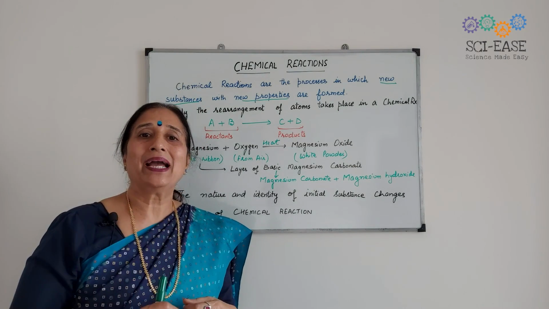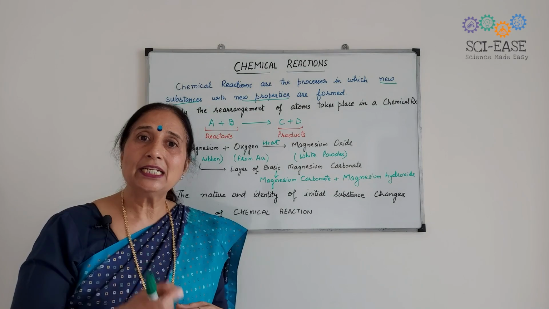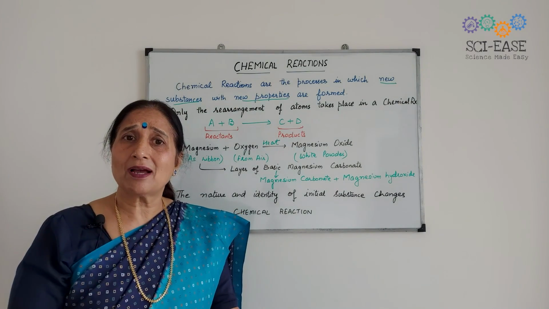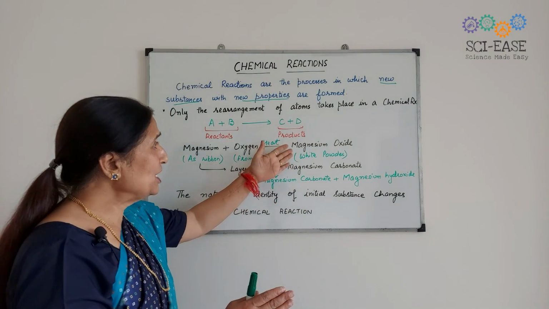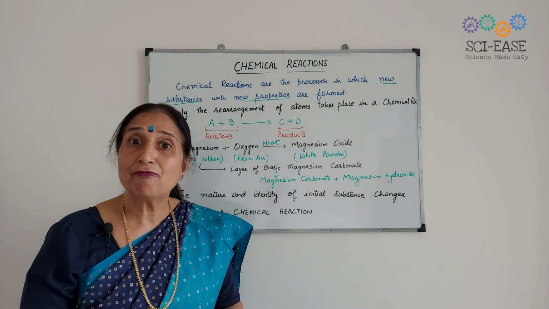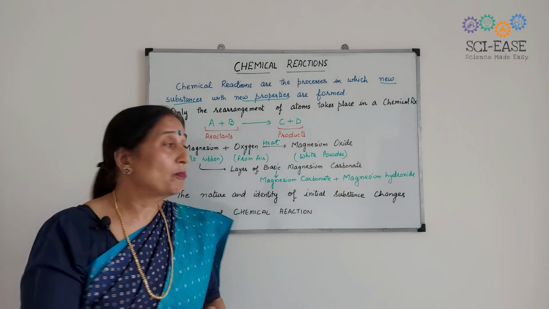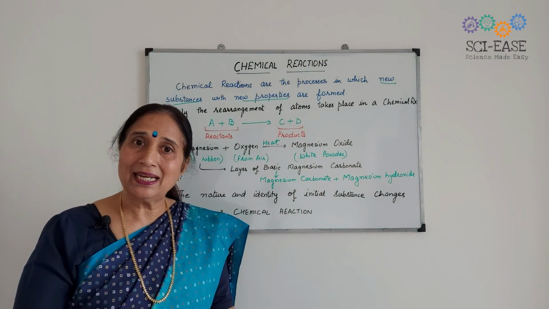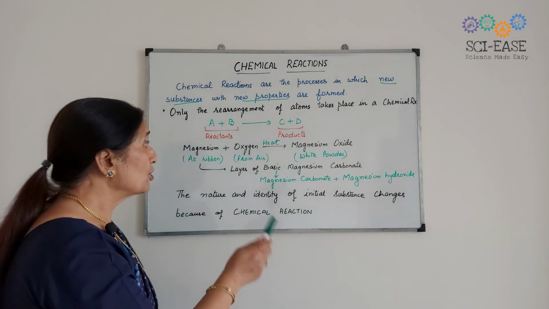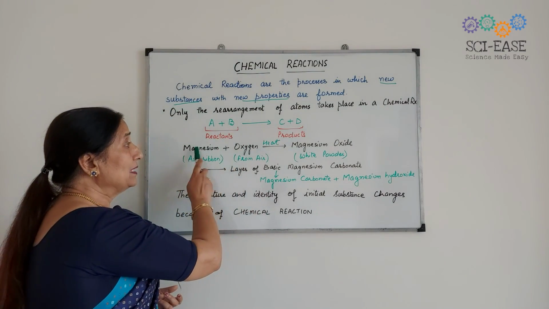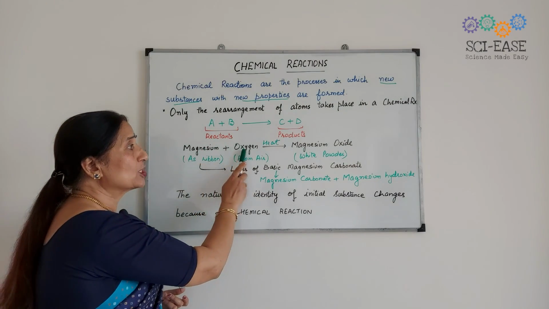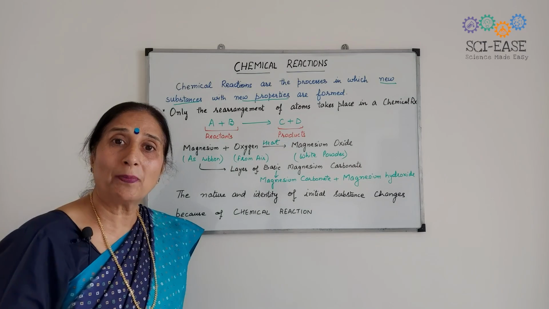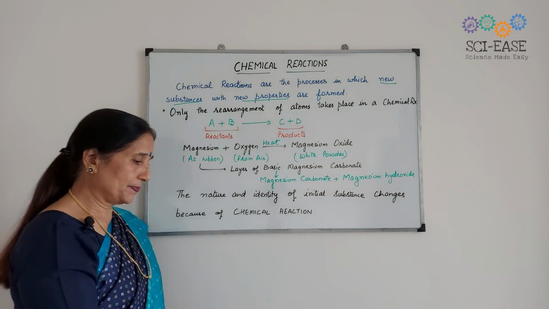When we burn or heat magnesium ribbon, an altogether new substance, that is magnesium oxide, will be formed, which is in the form of white powder. And that powder can be collected in the watch glass. So, when the chemical reaction takes place, a new substance having altogether new properties is formed.